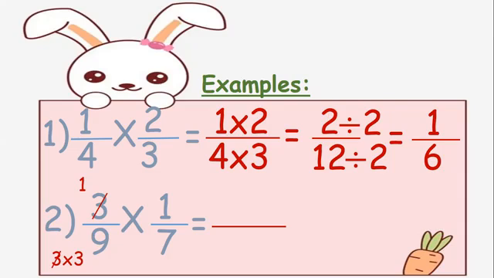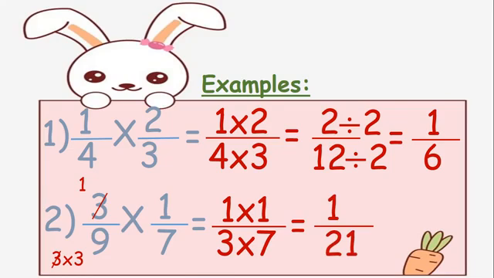We cross the 3, it left 1. So in the numerators, we have to write 1 times 1. And in the denominator, it left 3 from the first denominator and 7 from the second denominator. So 3 times 7 equals 21, giving 1 over 21.